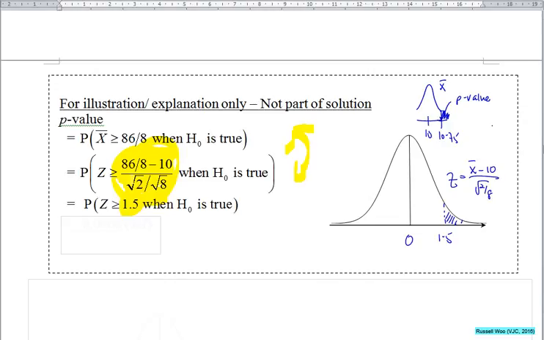This 1.5 is the normalized value. Follow what I'm saying? That's what the GC helps you calculate, 1.5. Then you decide whether that 1.5 falls in your rejection region. How do you calculate the rejection region? Since your level of significance is 5%, you will say, inverse norm 0.95, you get 1.6449.